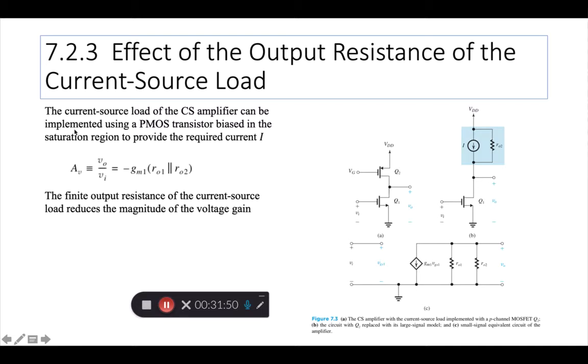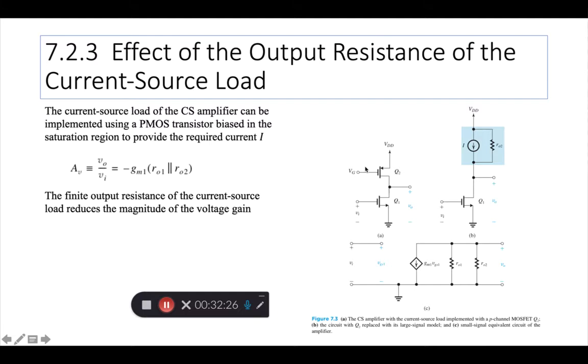So a PMOS transistor biased in the saturation region provides the required current I. With certain tricks and techniques on how to bias this PMOS transistor in the saturation region, you get a very good constant current I. Not variable, but a fixed constant current source I can be made available using a PMOS transistor.